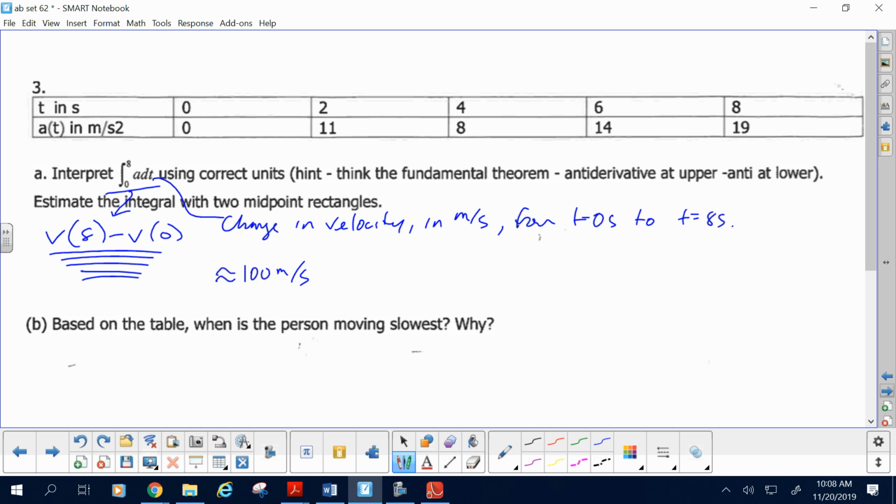This is the change in the velocity, and we just said that approximately the velocity is increasing approximately 100 meters per second. So when is it moving the fastest, the slowest? From 2 to 4. If velocity is increasing constantly, then when is it moving the slowest? 0 makes sense. That's not necessarily true. Why not?